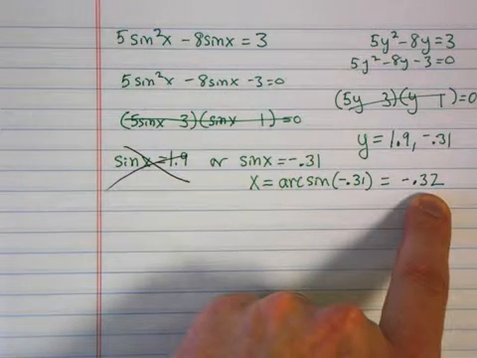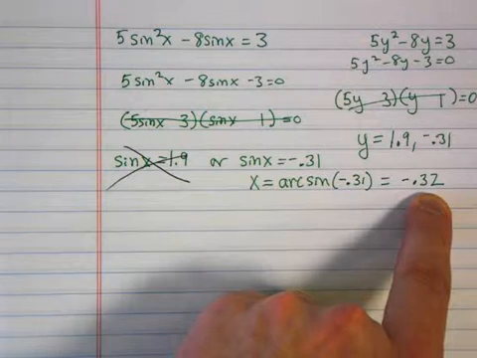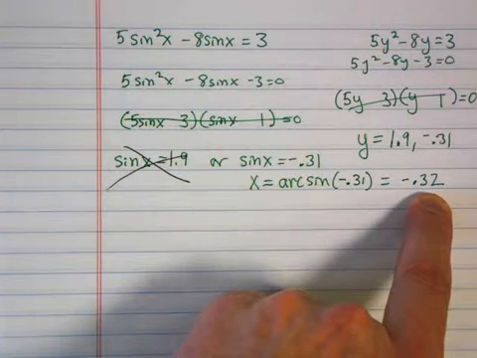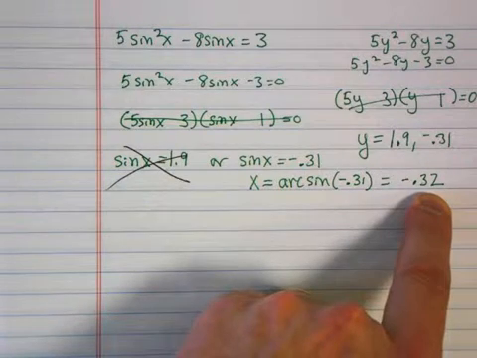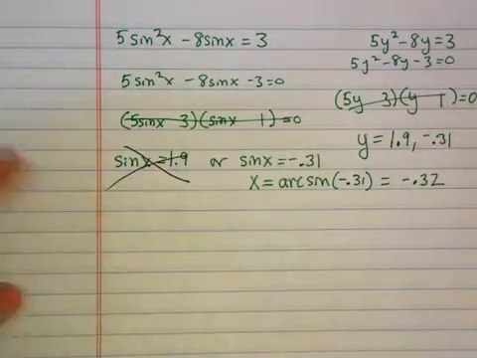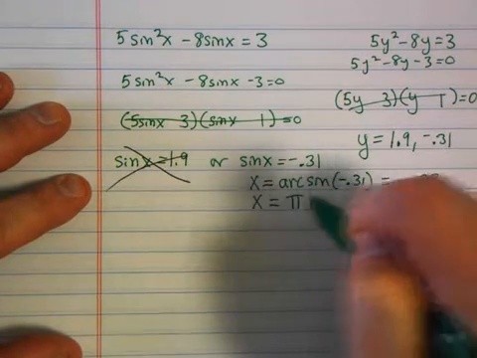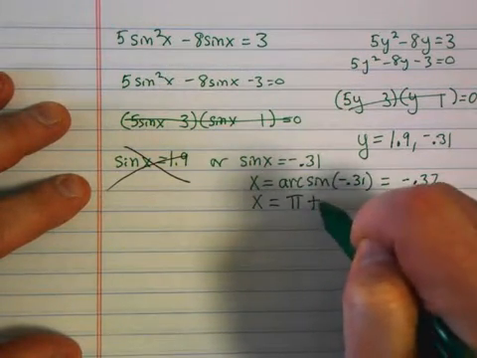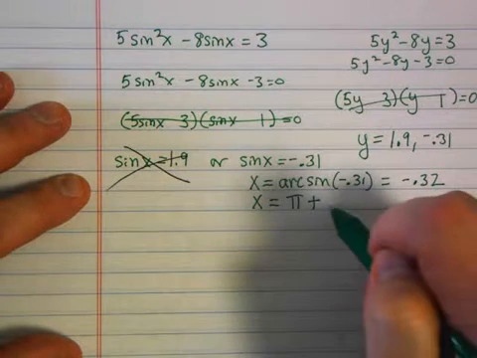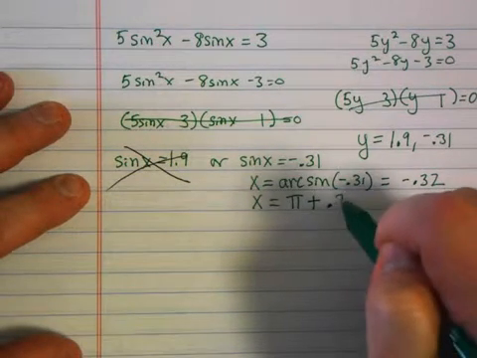I also have to get quadrant number 3. The answer in quadrant 3 would be x equals pi plus positive 0.31.